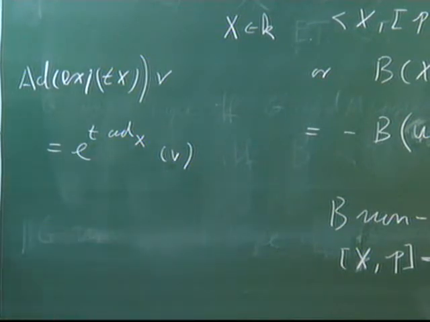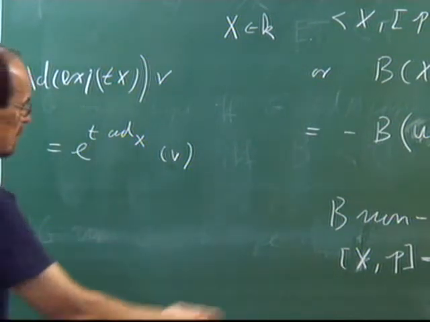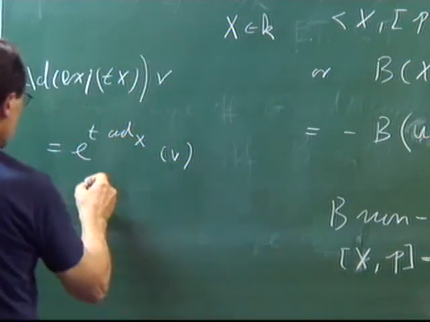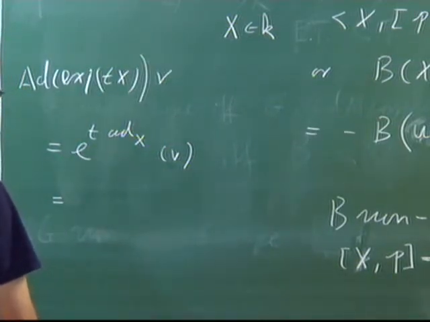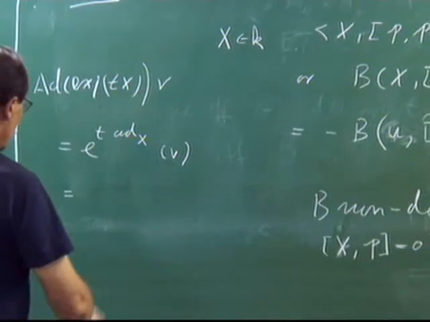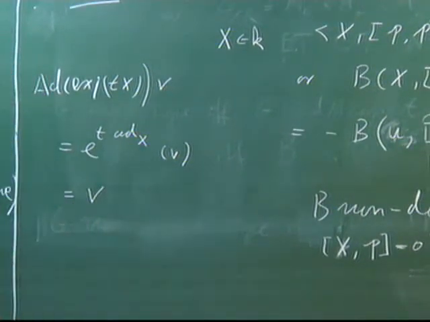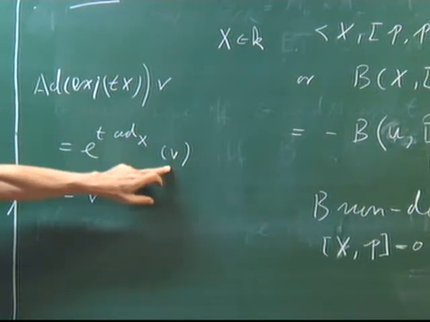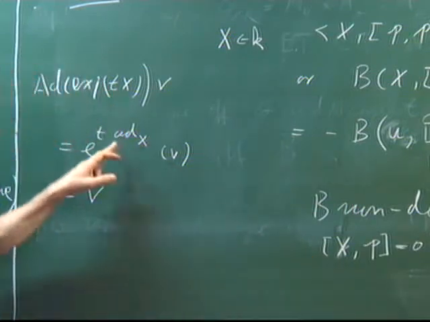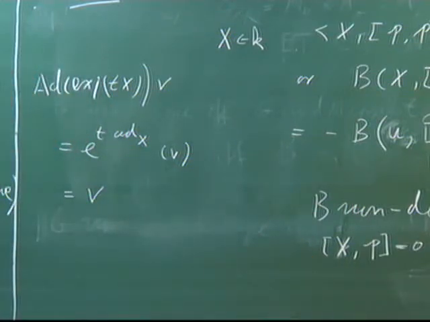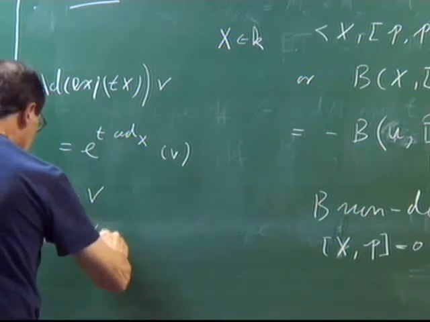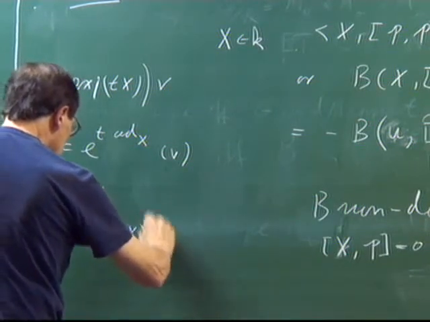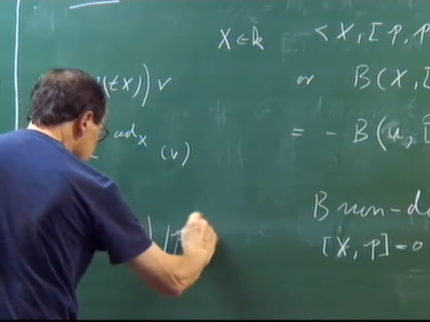So all this lies in P, but in fact Lie bracket is 0. So this must be, right, only the first term remains. It must be equal to V. So in the power series, whenever I take Lie bracket, I get 0 because of this here. So the first term is just the identity. So in other words, at x tx restricted to P is identity.